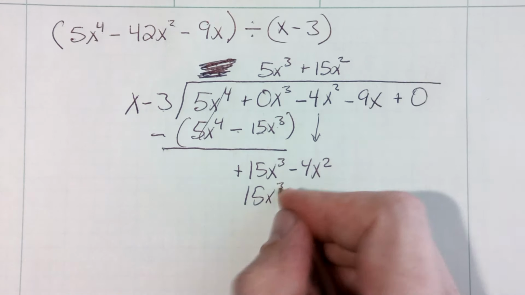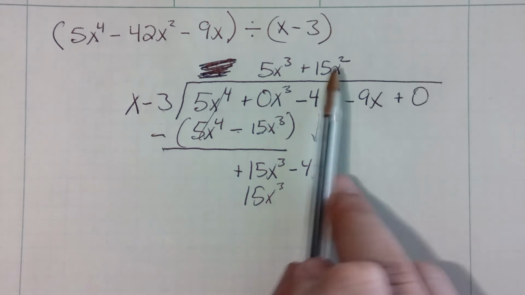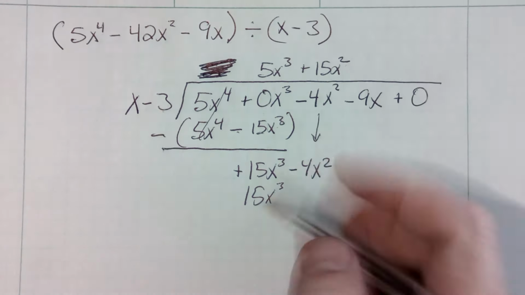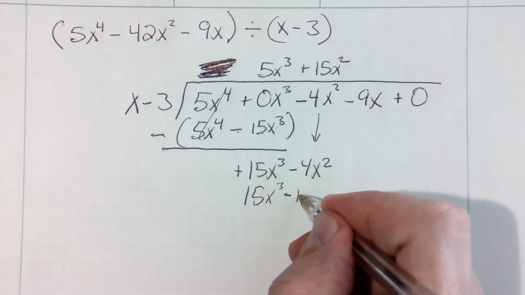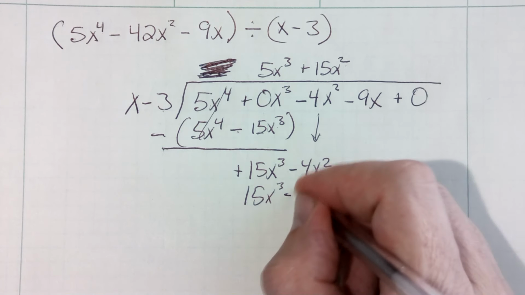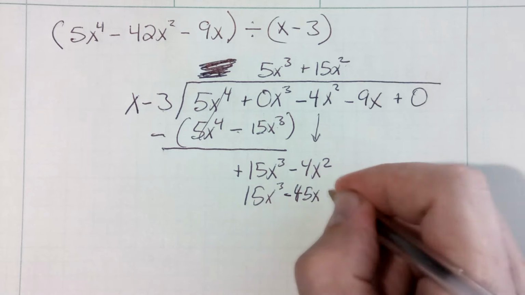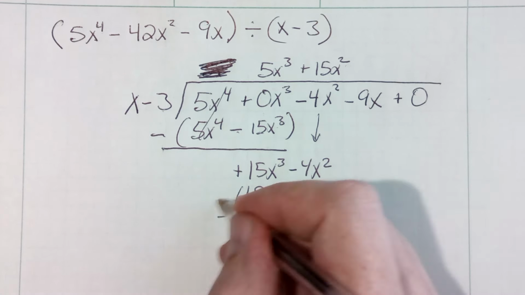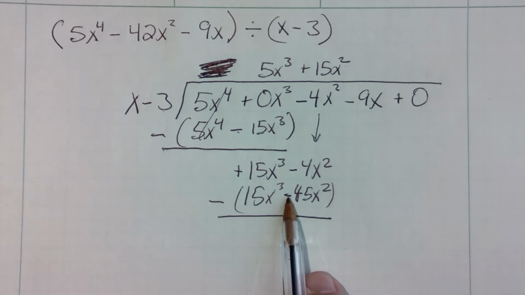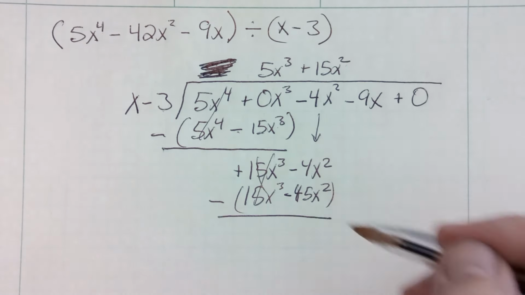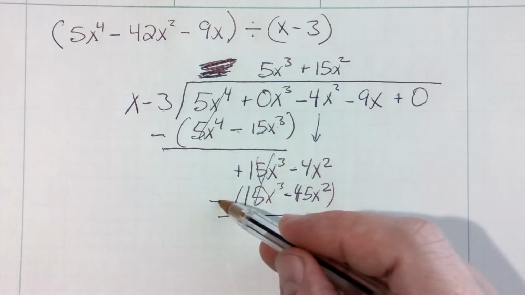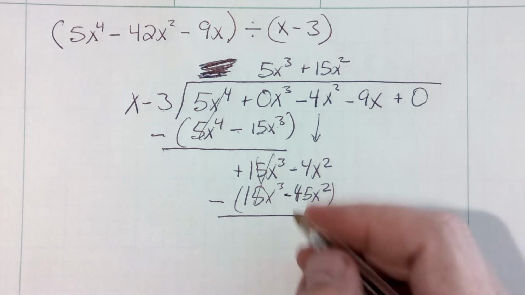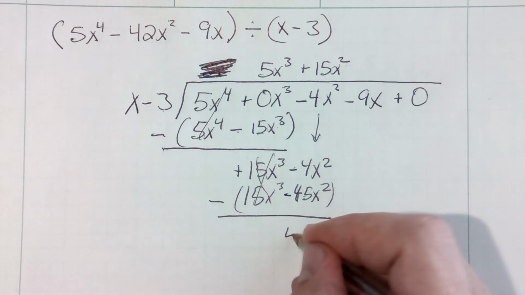Now don't forget the second term. 15x squared times a negative 3 is going to be a negative 45x squared. That I'm subtracting. Put it in parentheses and subtract, because you got to remember you're subtracting this negative. The first 2 cancel. Negative 4x squared minus a minus 45 means I'm adding 45. So that becomes a 41x squared.